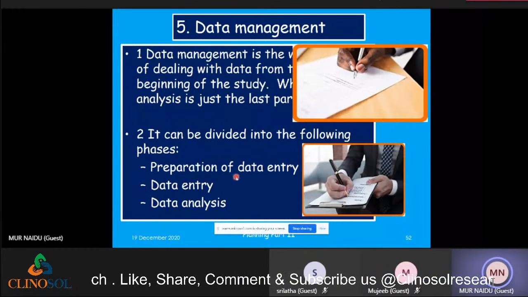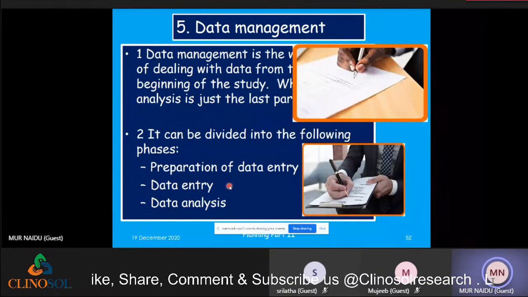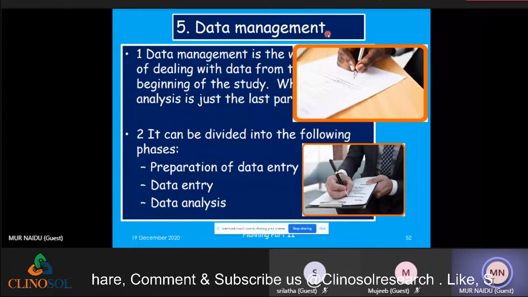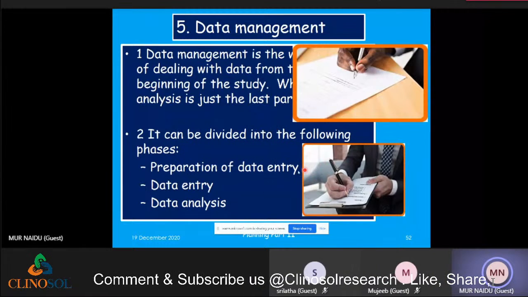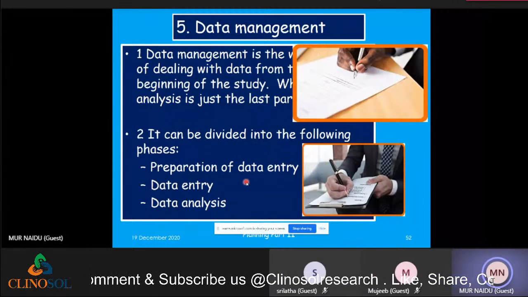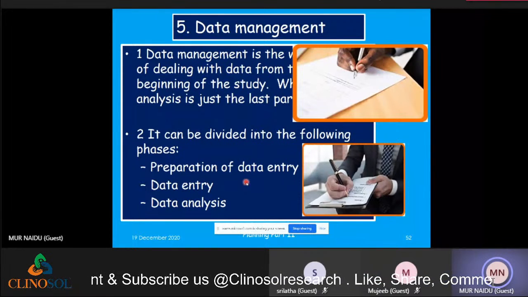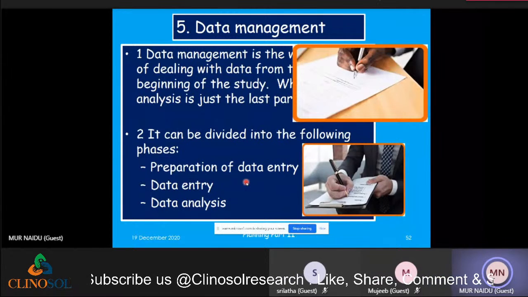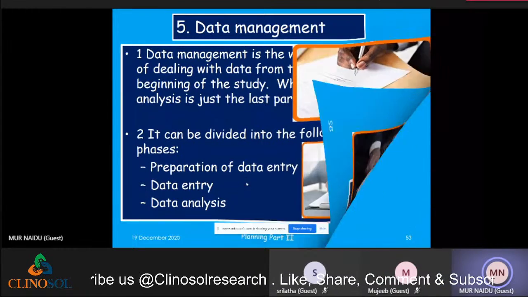This is the data management, and data management people will be able to tell us all these aspects of what actually has to be done. Even preparation of the case record form itself is a very big science. It has to be done properly, and each and every data has to be entered very properly.